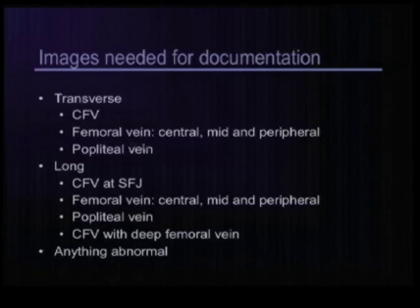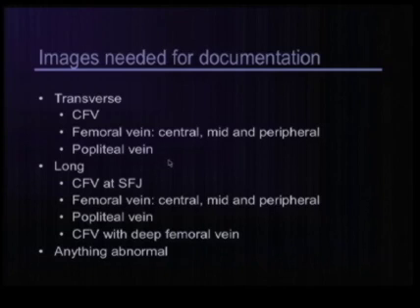We obtain images of the femoral vein in 3 locations, and some people would like to designate these as proximal, mid, and distal, but we prefer to designate them as central, mid, and peripheral to avoid any confusion between the anatomic naming and some other naming systems. Central would mean closest to the heart, and peripheral would mean farthest away from the heart.